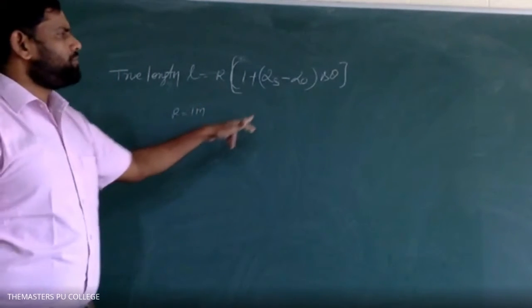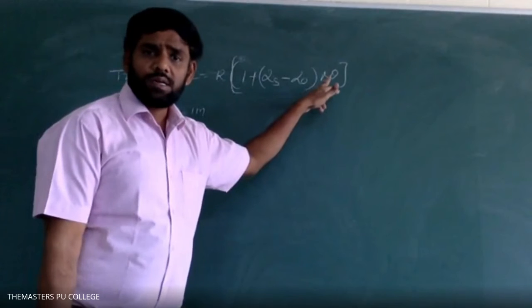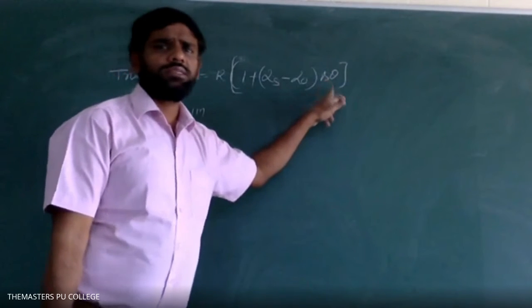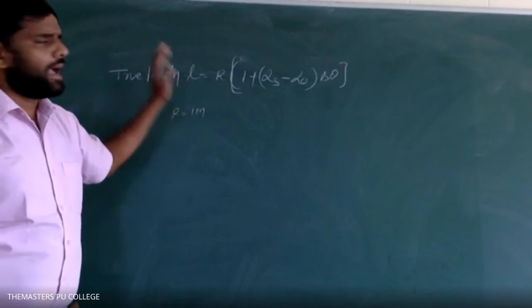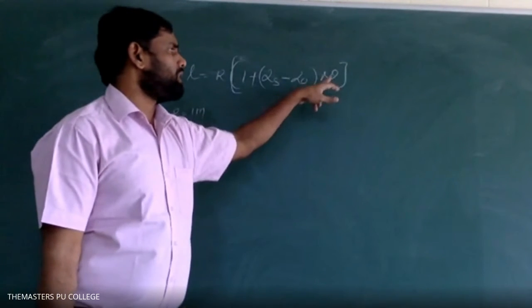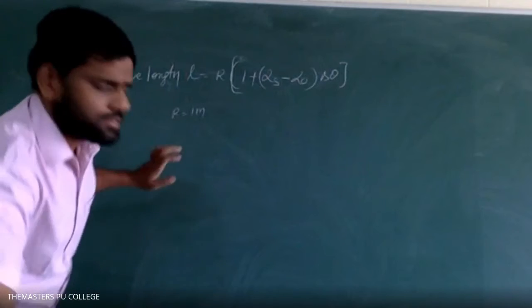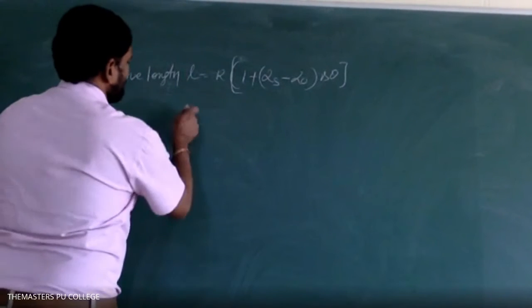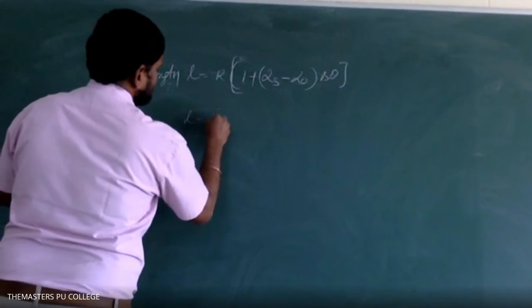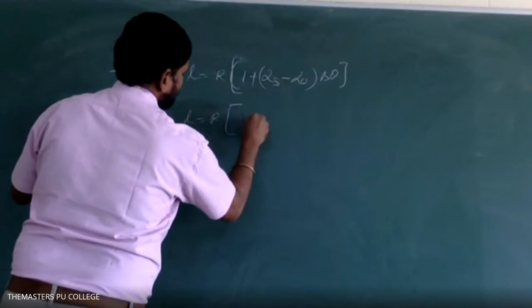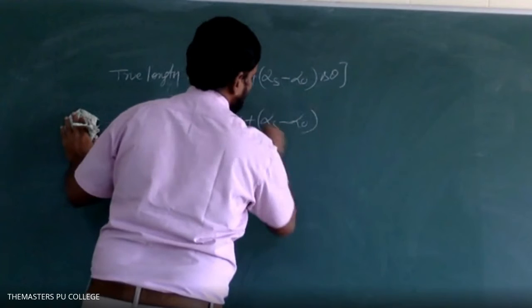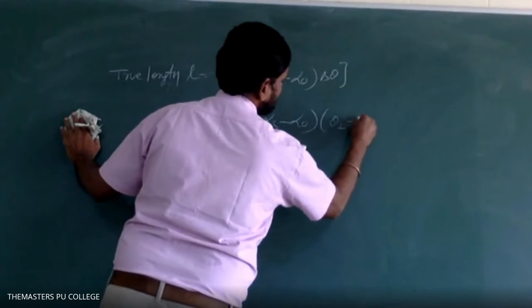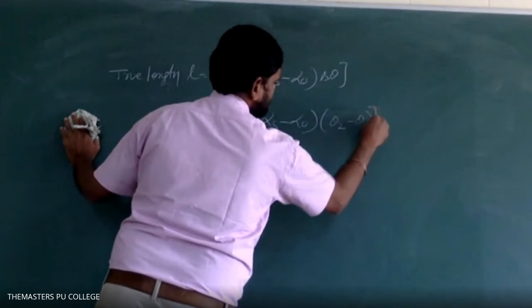The measurement was made at 30 degrees centigrade, but actually we can still write this formula: L equals reading into 1 plus alpha s minus alpha object into theta 2 minus theta 1.